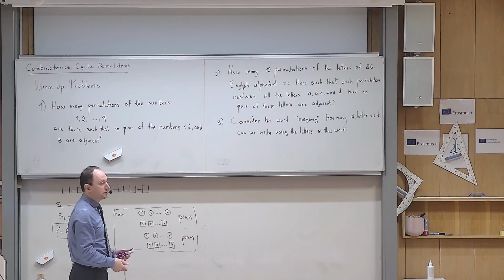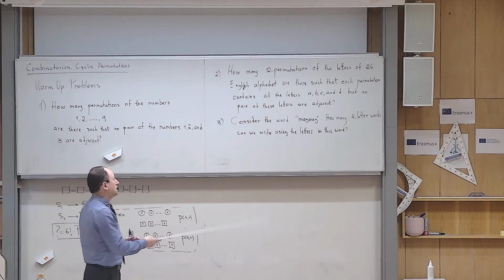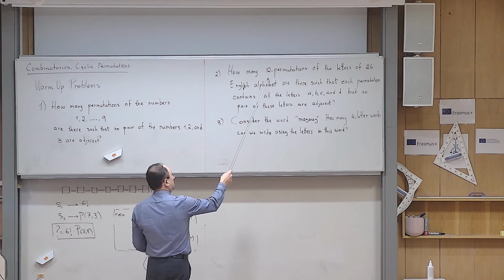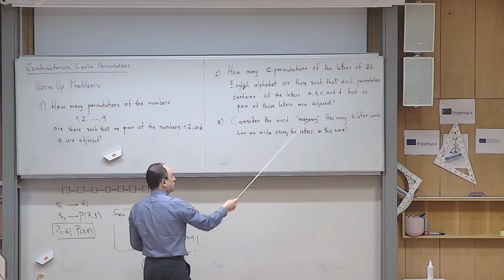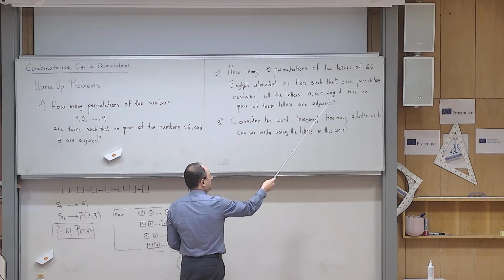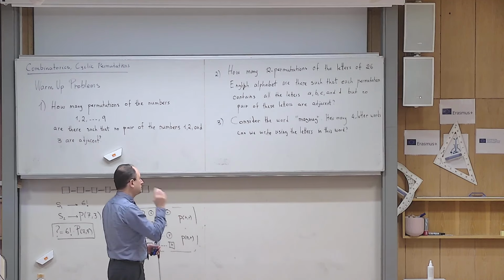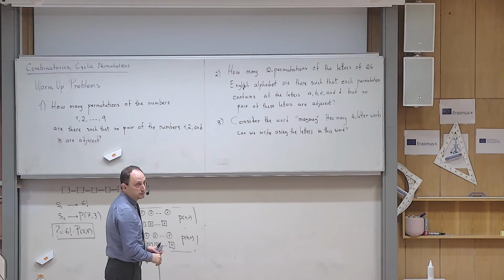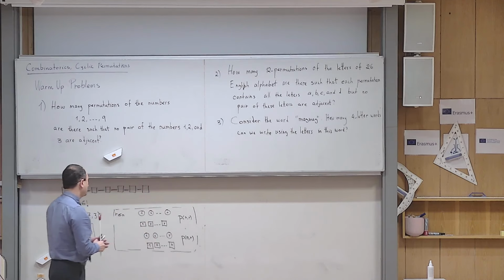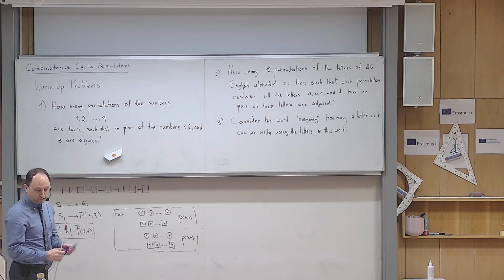Okay, so how do you solve this problem? I want to choose 12 letters, 4 of them have to be these letters. Another constraint is that those letters shouldn't be adjacent. No pair of them should be adjacent. So you have to be able to analyze the problem according to the models that we have.